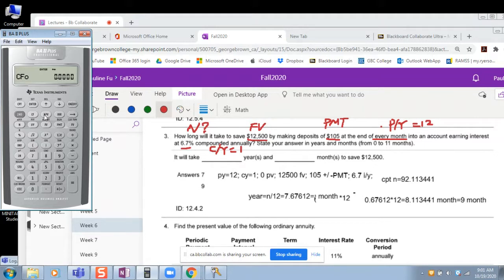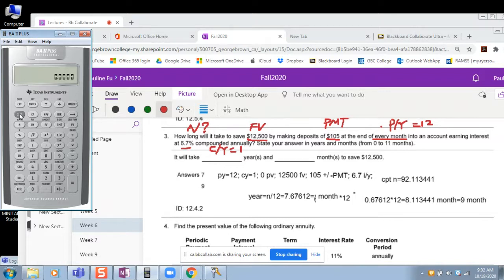And 0 is PV. Oh, I entered wrong. Why give me CFO? Oh, I messed up something, so I'm going to start all over again. PY is 12, CY is 1, and then I'm redoing it because I punched the wrong number.